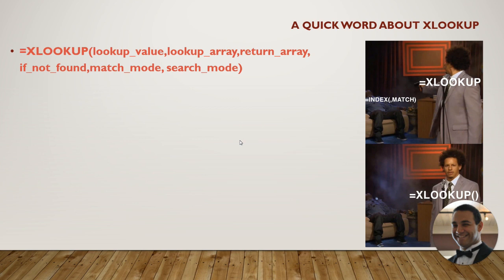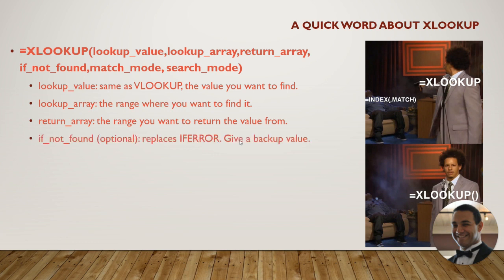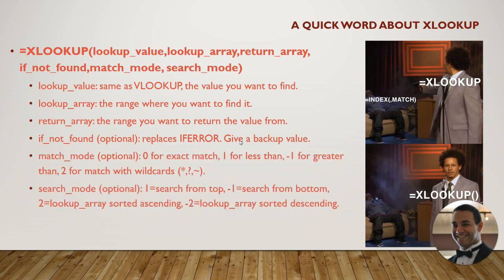So the syntax is XLOOKUP, the lookup value, the lookup array, the return array, a default value in case your lookup is not found, match mode, and search mode. Let's give it a try.